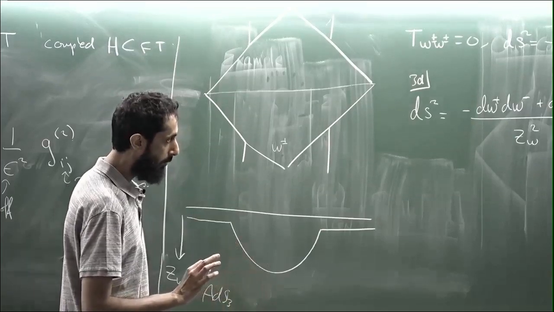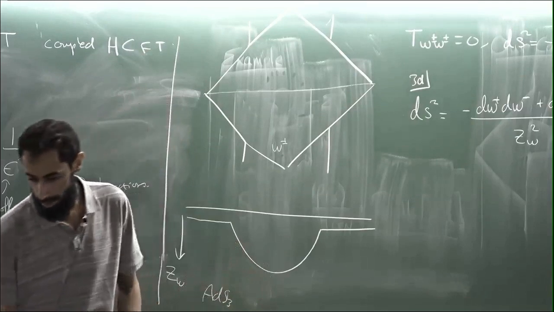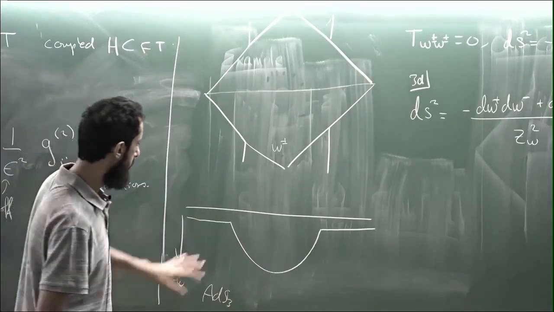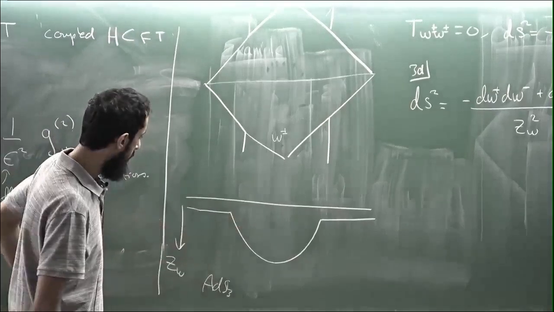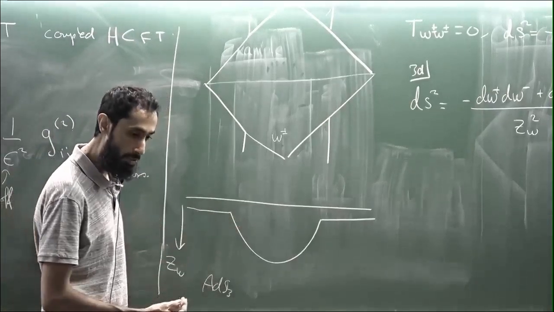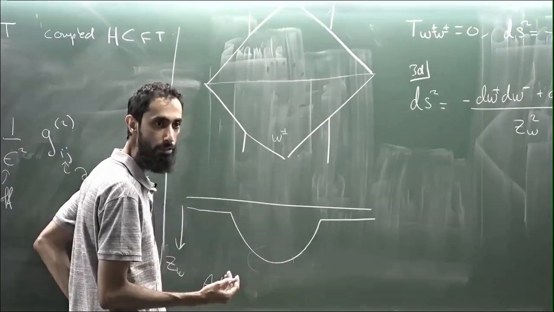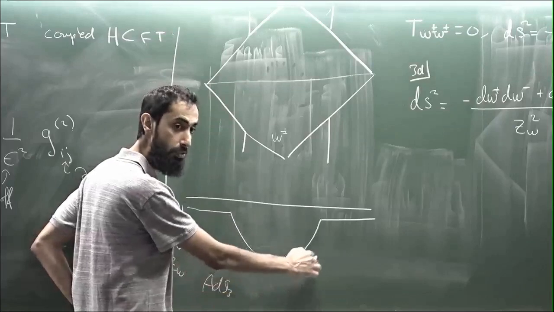So the thing that we have here, I'm trying to draw this in 3 dimensions. What we have as you take epsilon to 0. So remember that in this x region we have a finite G Newton, right? So we have dynamical gravity in this region.